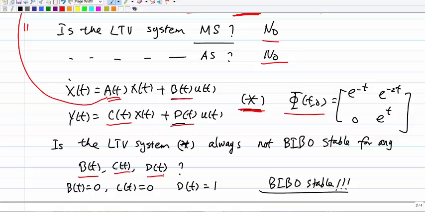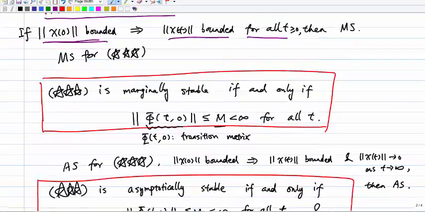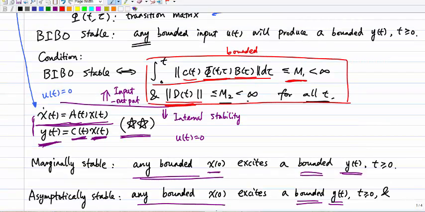But can it be BIBO stable? The answer is yes, so the system is not always unstable, because we can find B(t), C(t), D(t) to make the system BIBO stable. This is different from the previous definition. Even if this guy is not bounded, if I make this 0, this 0 and this 0, I can still make everything bounded.